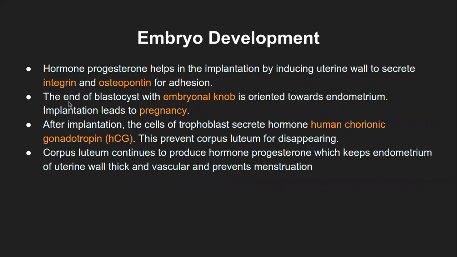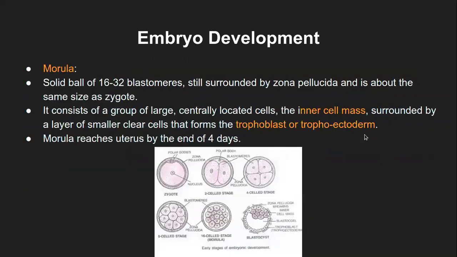The end of the blastocyst with the embryonal knob is oriented towards the endometrium. What this means is, the embryonal knob is oriented towards the endometrium. So I'll go back to this diagram.